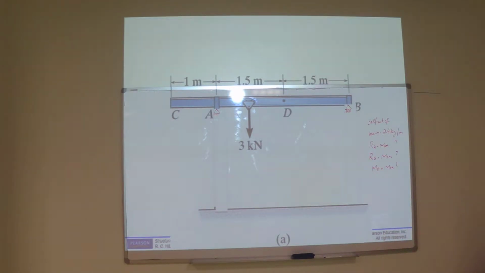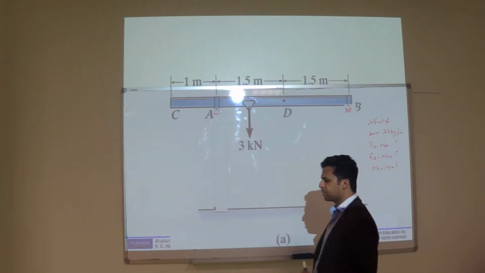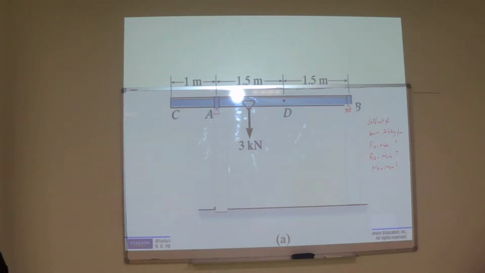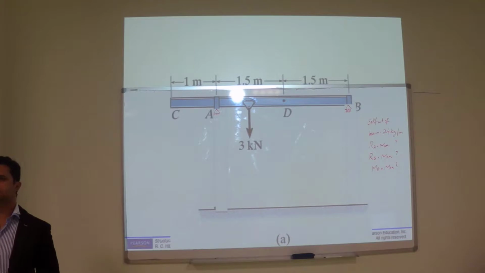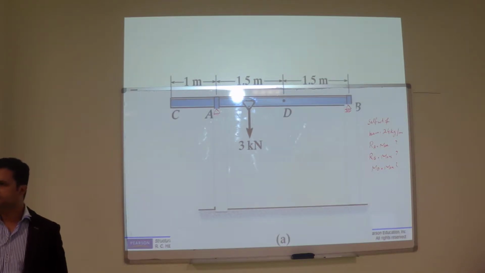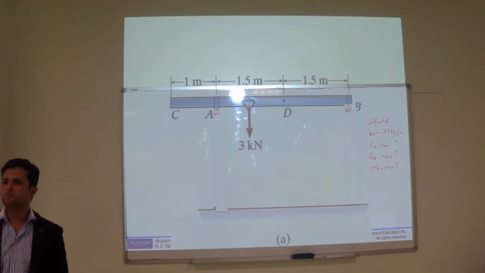Okay, I tell you a very important thing. Why do we draw the influence line diagram? I told you in my first lecture. Why is it unit load only? We draw the influence line diagram for unit load to study each meter, each place.